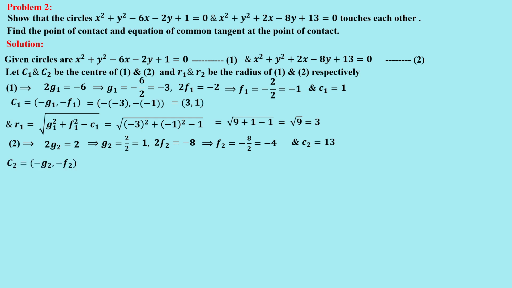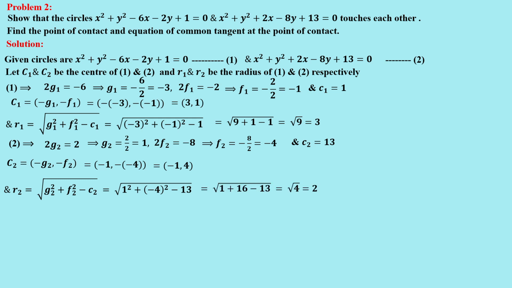Now C2, the center of the second circle, is (−g2, −f2) = (−1, 4). r2, the radius of the second circle, is √(g2² + f2² − c2) = √(1² + (−4)² − 13) = √4 = 2.